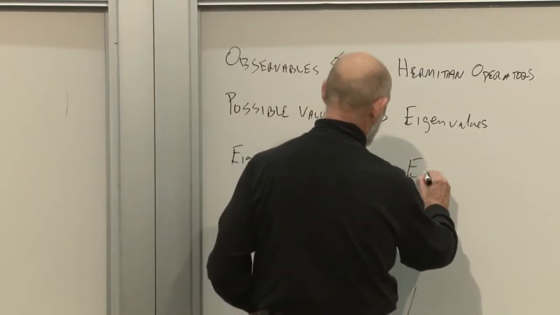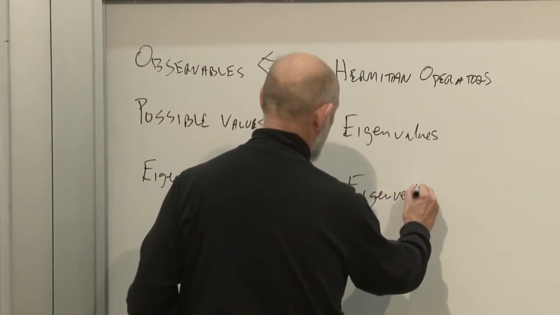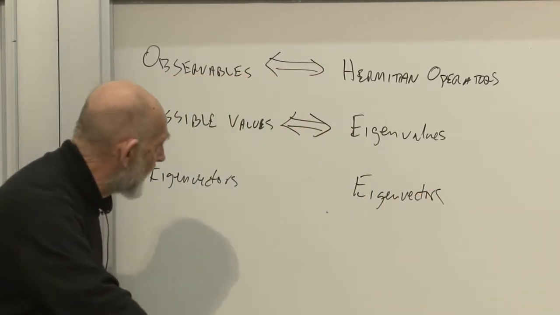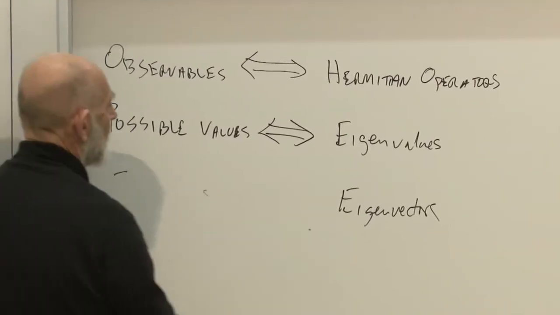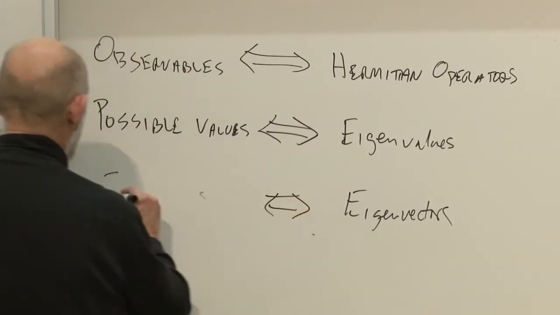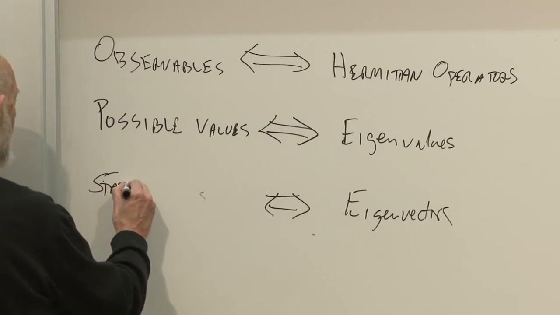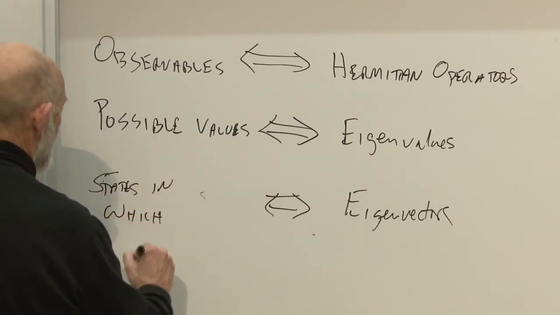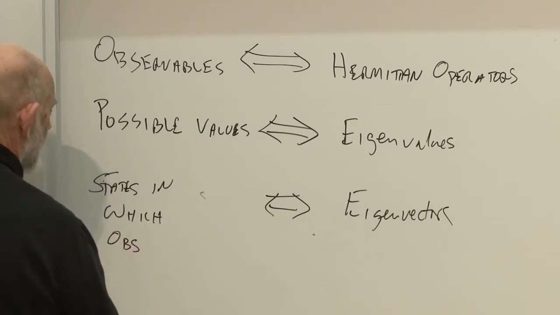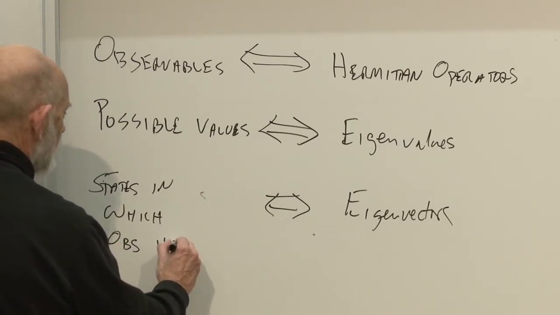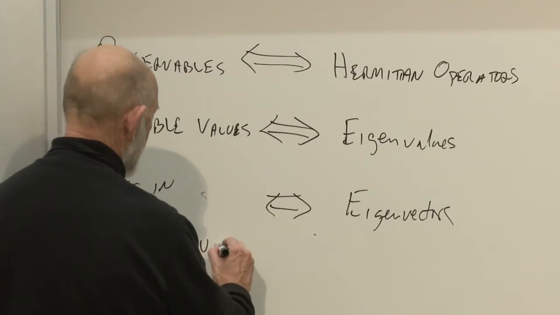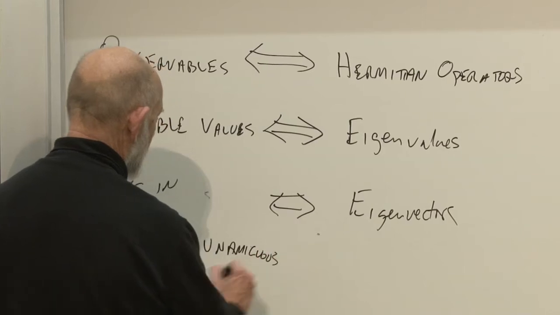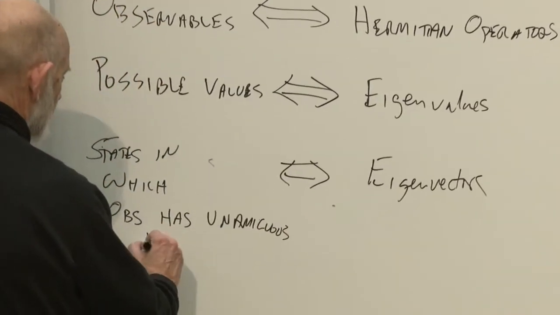We should put eigenvectors on this side, and on the left side, the physical meaning of them. The physical meaning is states in which the observable has an unambiguous result.